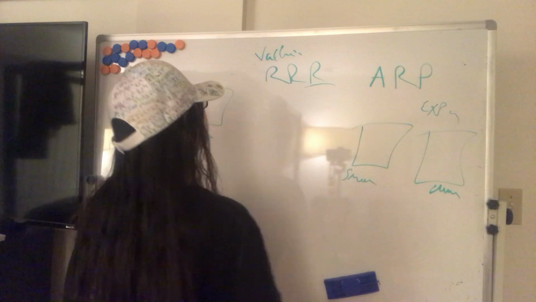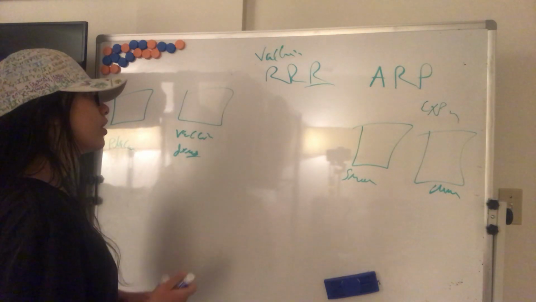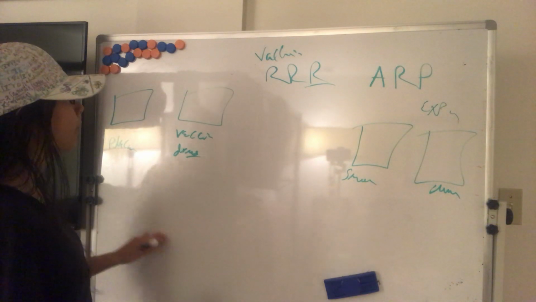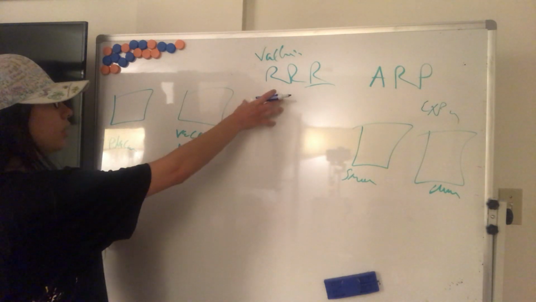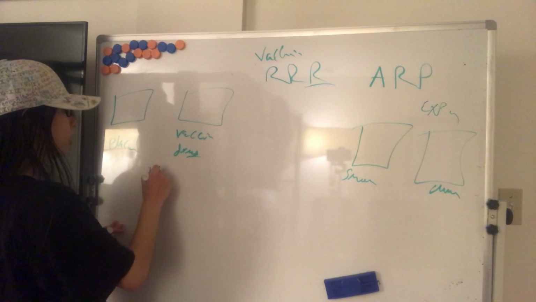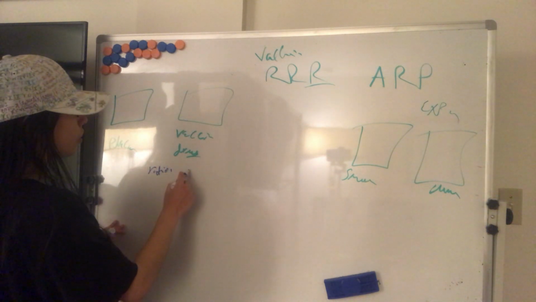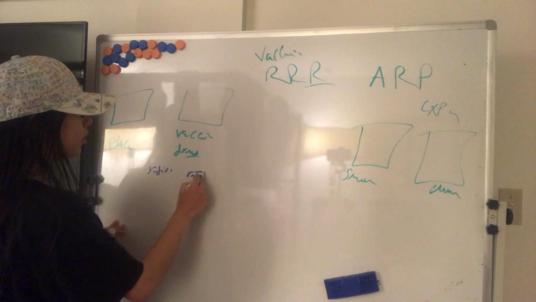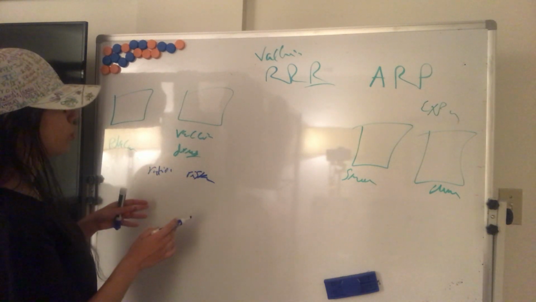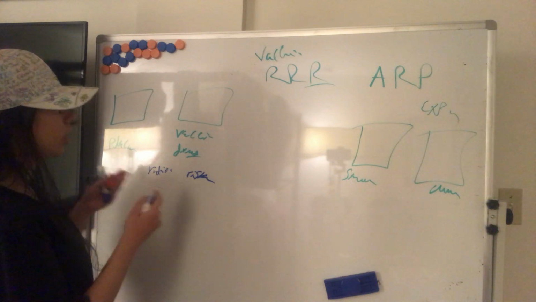So the relative risk reduction is the ratio of the risk that could be attributable to the intervention.